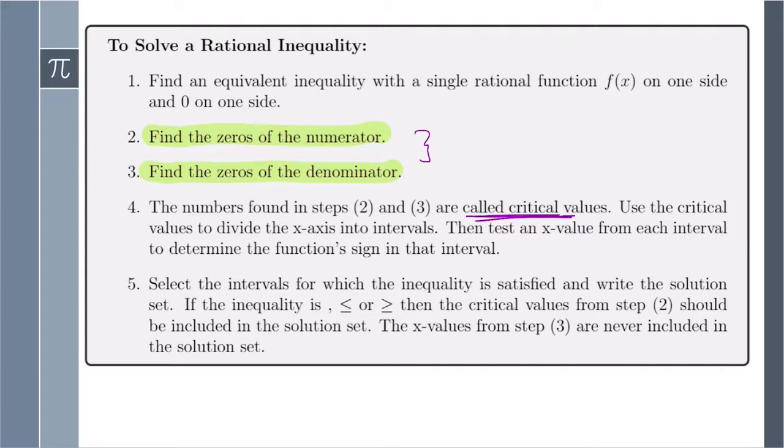But one important thing here that we need to pay attention to is, if the inequality is this, we include the critical number from the numerator in the solution.